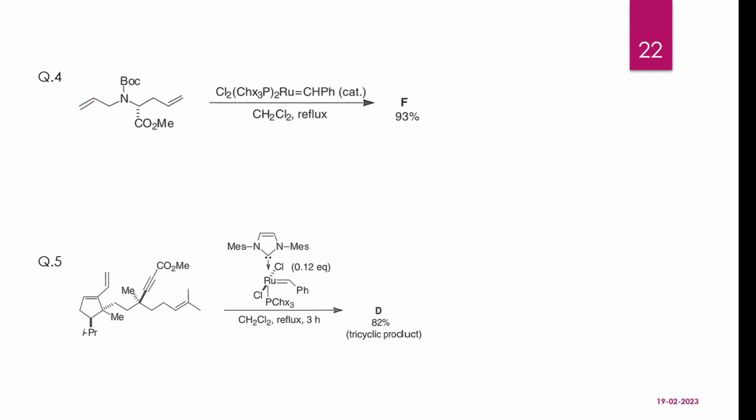So how many rings are there? 1, 2, 3, 4, 5, 6. So there will be a 6-member ring.